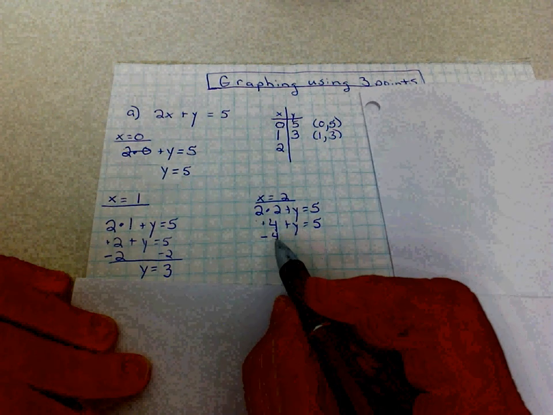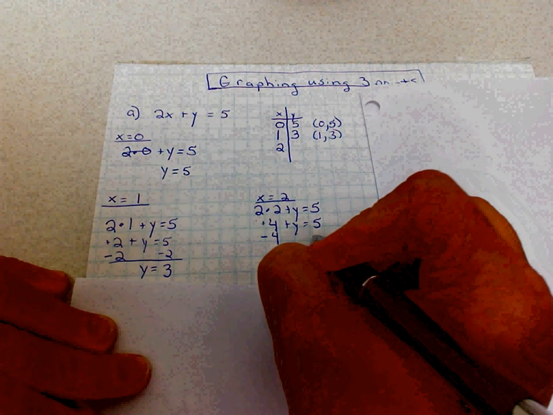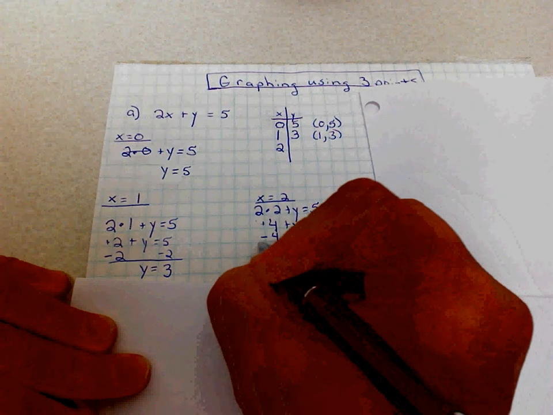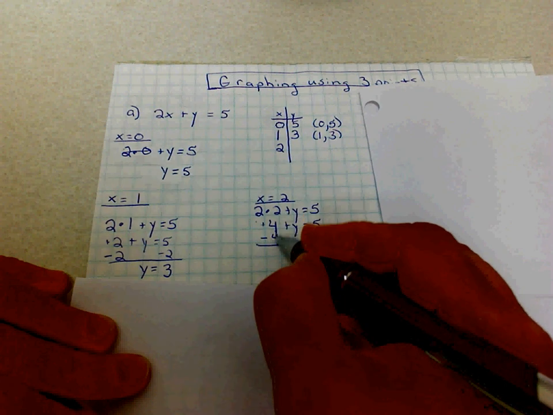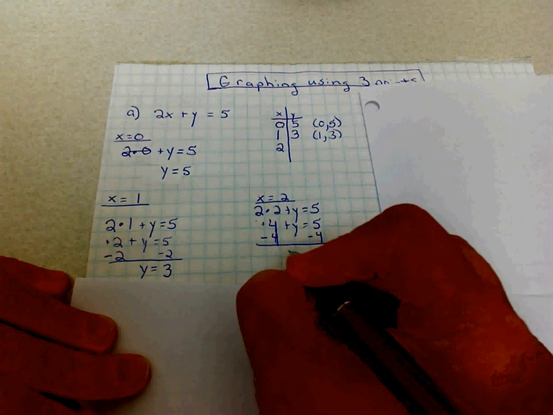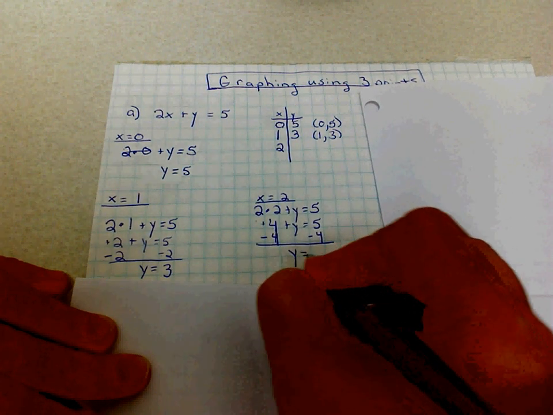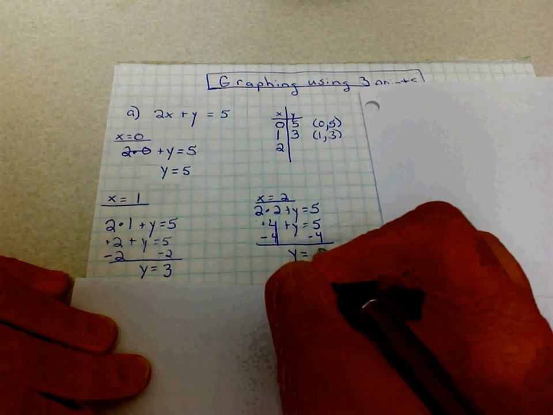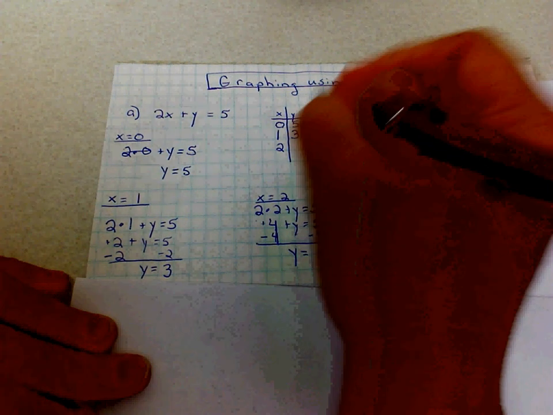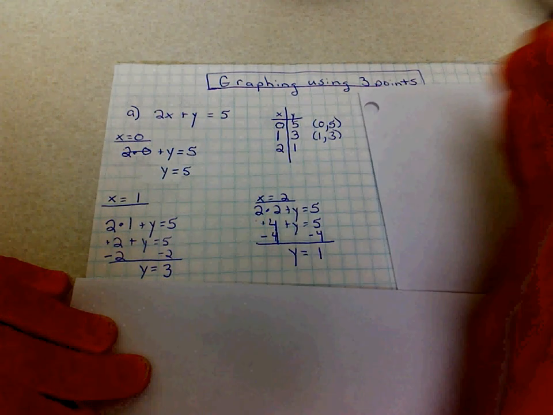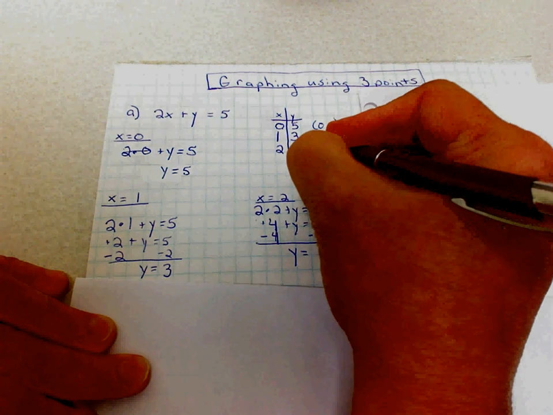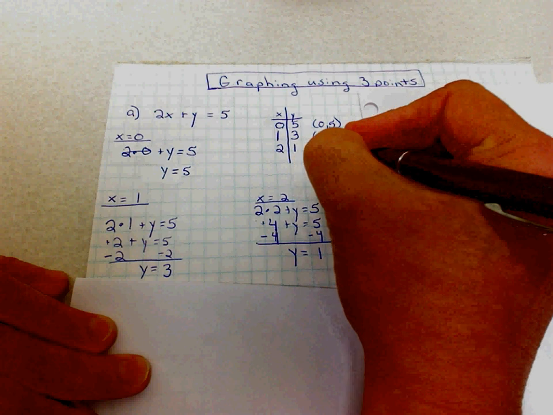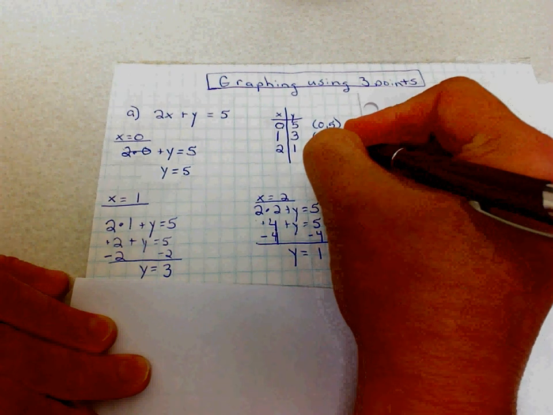If we subtract it from one side of equals, we have to subtract the exact same thing from the other side of equals. 4 minus 4, chop chop, is gone, and we're left with y equals, and then 5 minus 4 leaves us 1. So again, we come up to the table and we fill in the y value, which is 1. Now we have the point 2, 1.